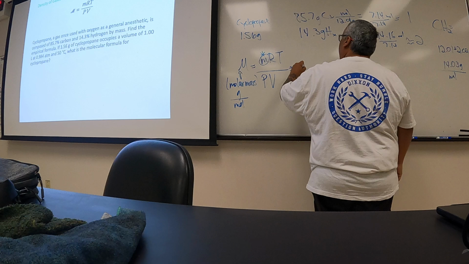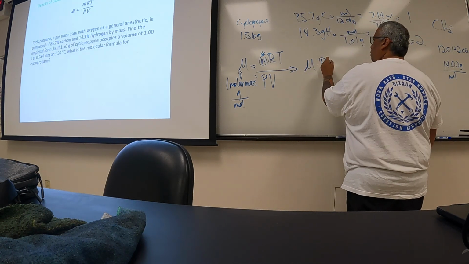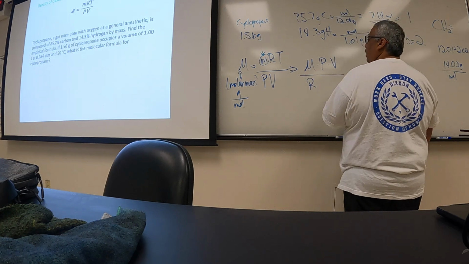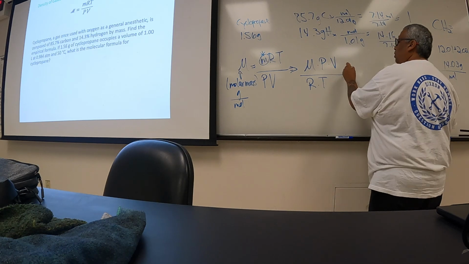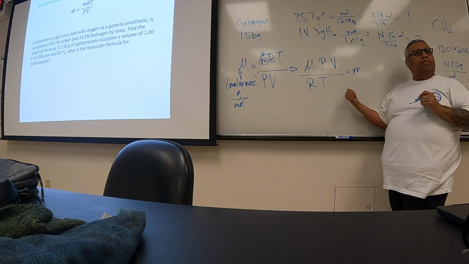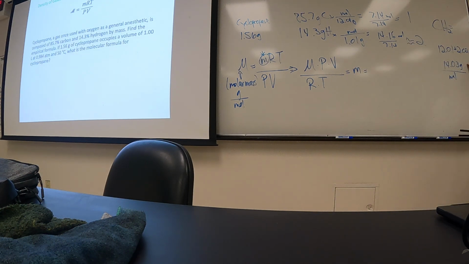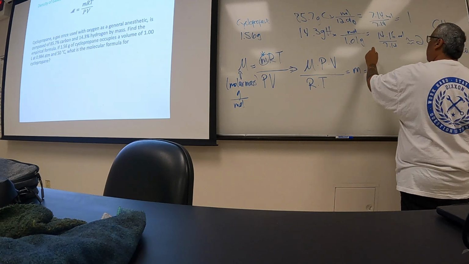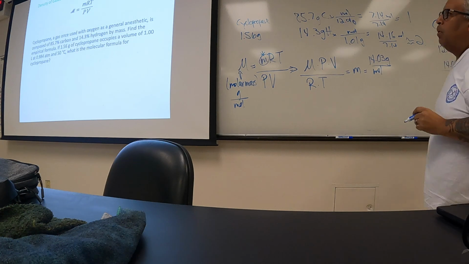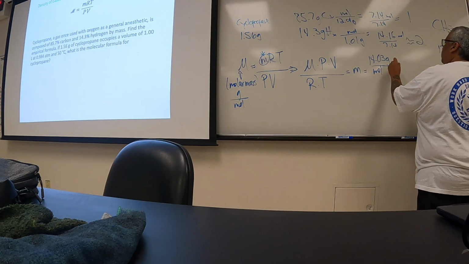We're going to take the molar mass times pressure times volume, divided by the gas constant, divided by the temperature, is equal to this. So we good with that? This is just a little bit of algebra here. All right. So our molar mass, we determined that was 14.03 grams per mole. Our pressure is 0.984 atmospheres.